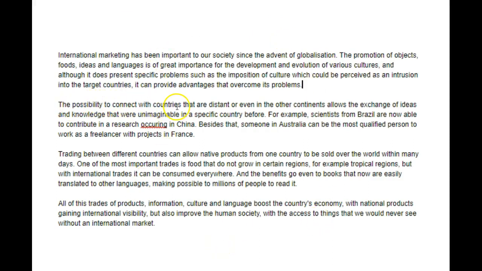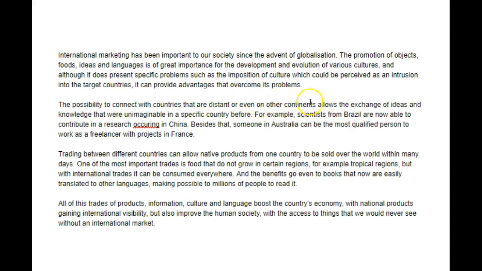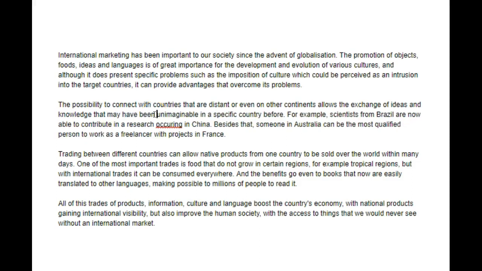So the possibility to connect with countries that are distant or even on other continents allows the exchange of ideas and knowledge that was unimaginable. The exchange was unimaginable. Or that may have been unimaginable in a specific country beforehand. For example, scientists from Brazil are now able to contribute to research occurring in China.